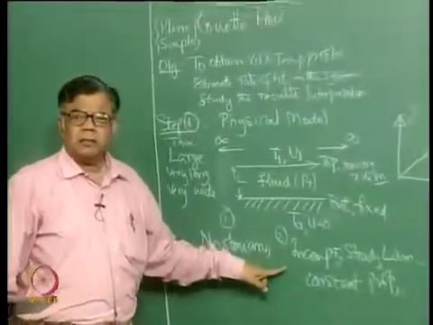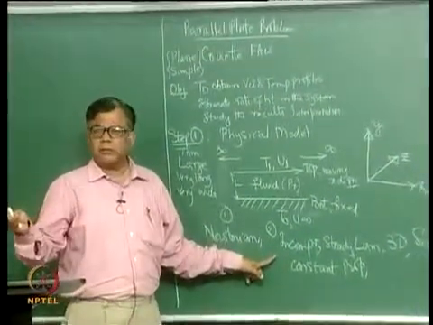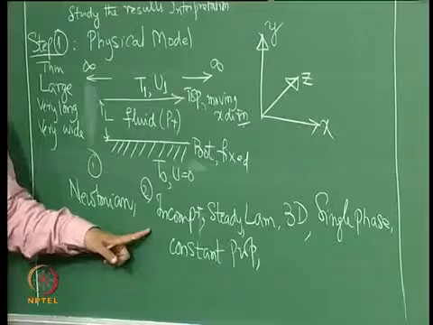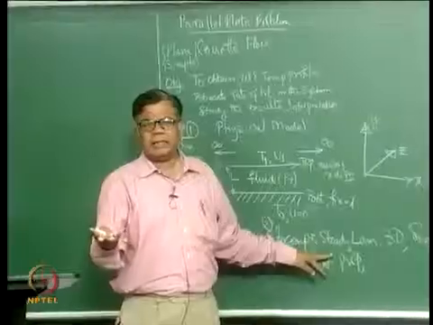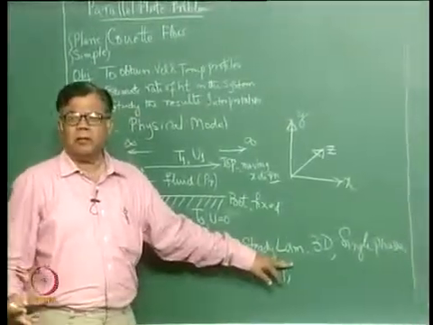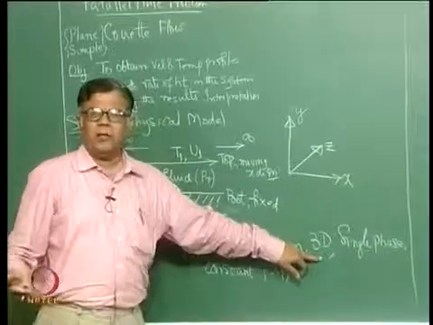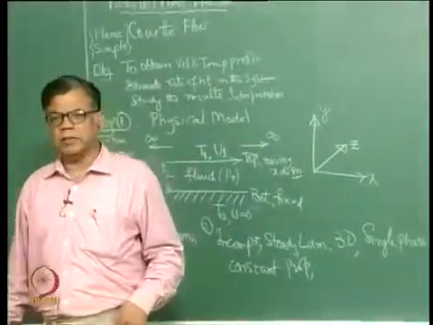So if it is not incompressible, you have a whole set of new equations where the properties, the rho especially, goes into the derivative. Steady, unsteady, obviously you know; laminar, turbulent, obviously you know; 3D, 2D, 1D; single phase, two phase.